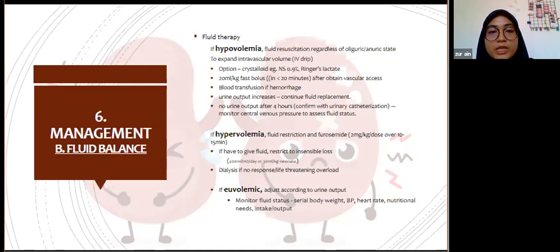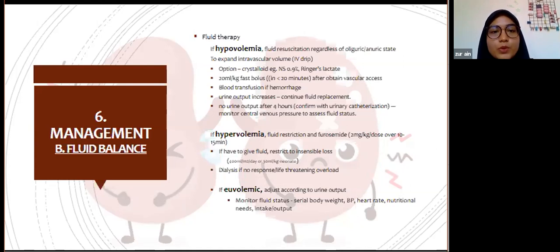For hypervolemia, because of the fluid overload, we must restrict the fluid and also give diuretics to correct the fluid overload.